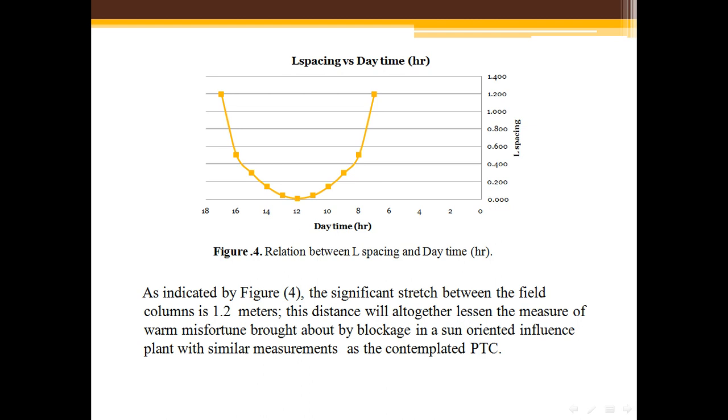This distance will significantly reduce the amount of thermal losses caused by blockage in a solar power plant with the same dimensions as the studied parabolic trough collector. However, this value corresponds to the time of the sunrise, where the amount of solar radiation is very weak and doesn't serve the station.